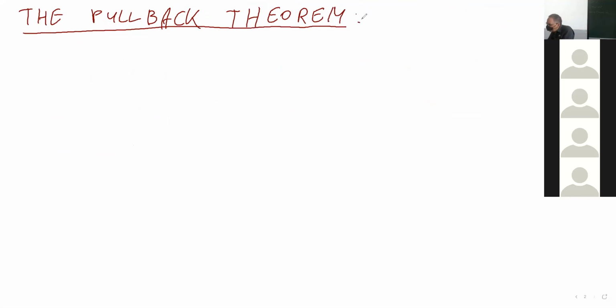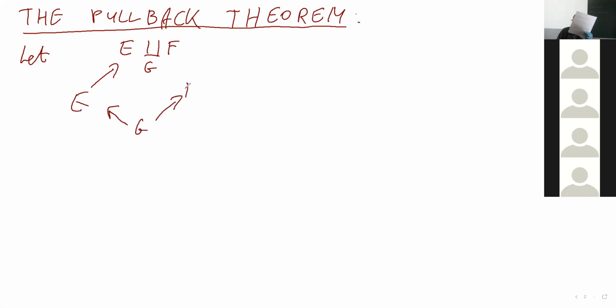Okay, so what is our hypothesis? What is it that we assume? Let the following diagram, I have graphs E, F, and G. And here I have my F0, F1 morphism.